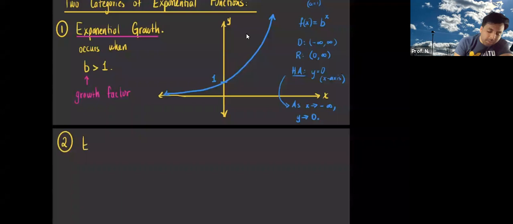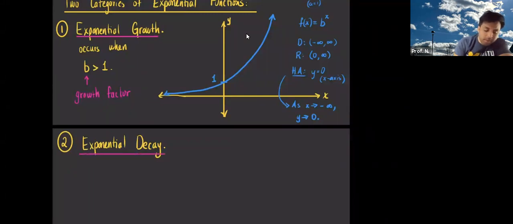We also have exponential decay. Exponential decay occurs when my factor is no longer called a growth factor, it's called a decay factor.